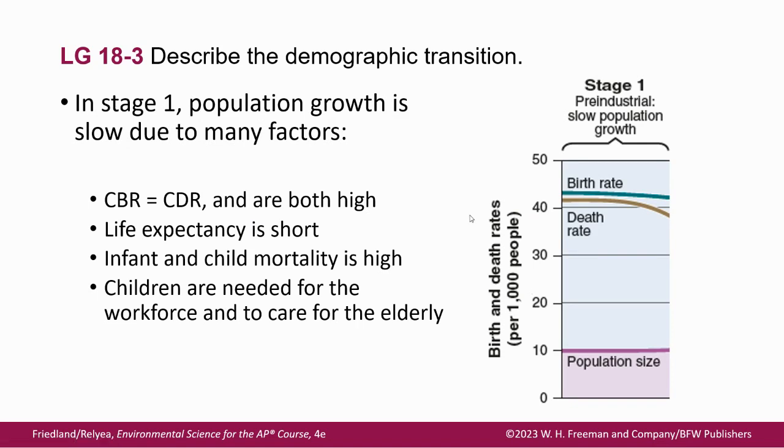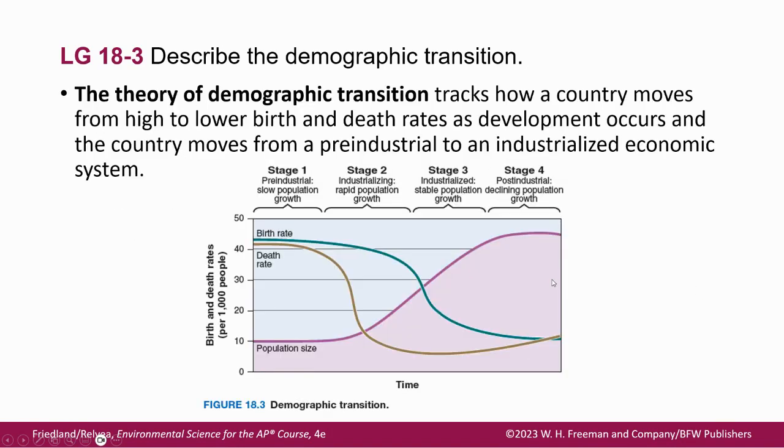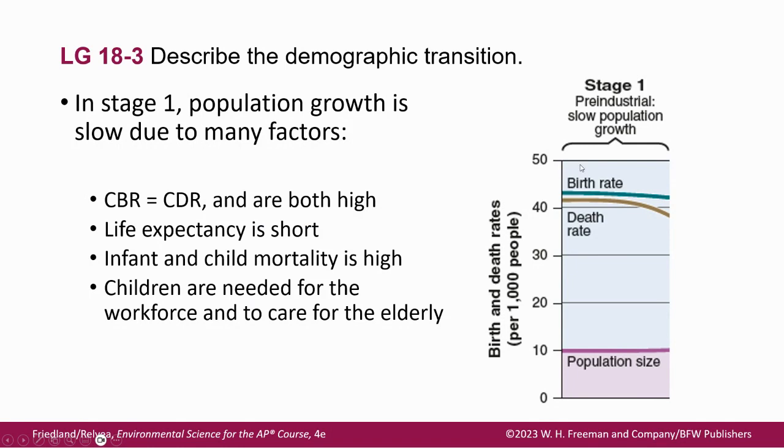In stage one, population growth is slowed due to many factors. Looking at the beginning part of this graph, we can see that our birth rate and our death rate are both high. Life expectancy is not very long. Child and infant mortality are high, and children are needed to work in the workforce and to care for the elderly.